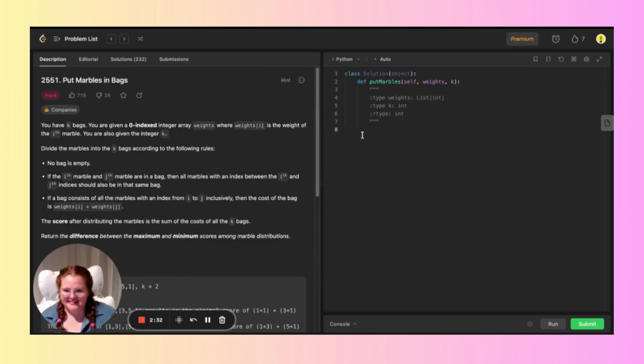Oh my god. I don't even know where to start. Okay, so let's think about it like this. We can think of splitting marbles into bags by placing a boundary.